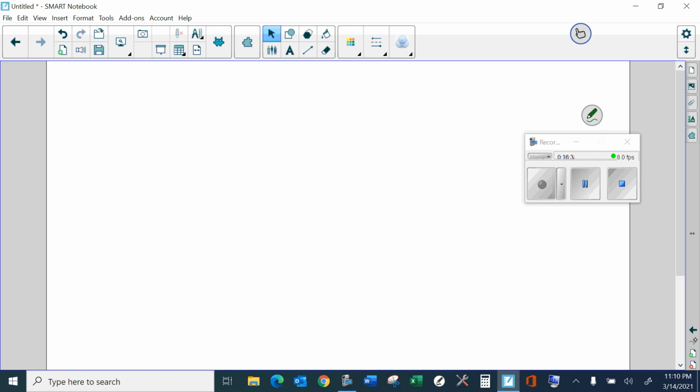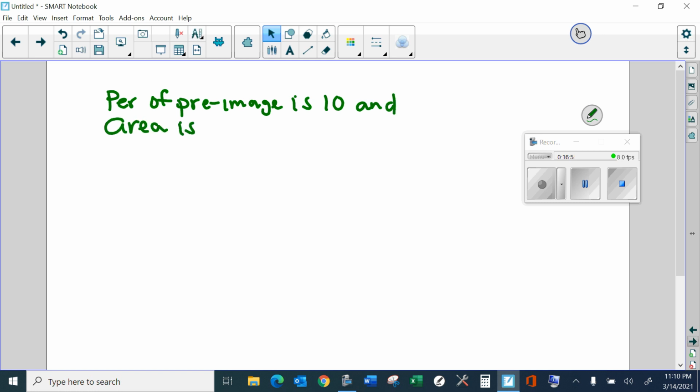Okay, let's say the perimeter of the pre-image is 10 and the area is 9.